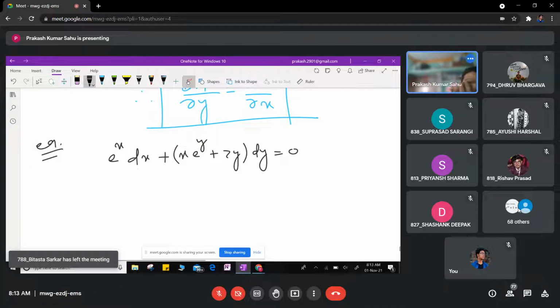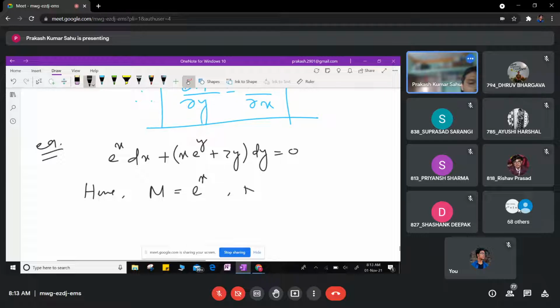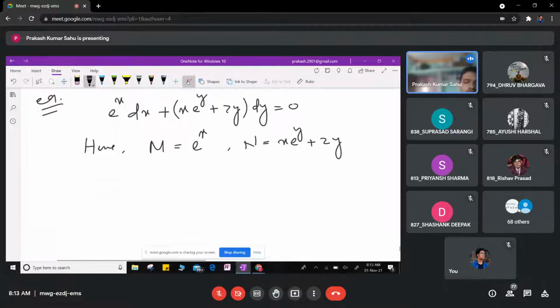Okay, so now you can write what is your M here. M is equal to M of x,y, this is e to the power x, and N is equal to x into e to the power y plus 2y.